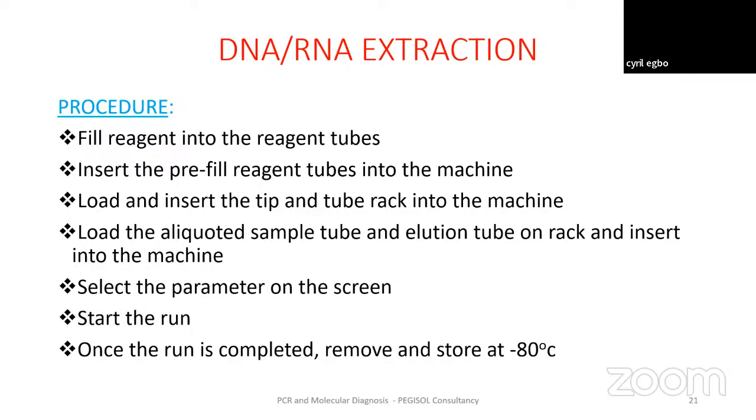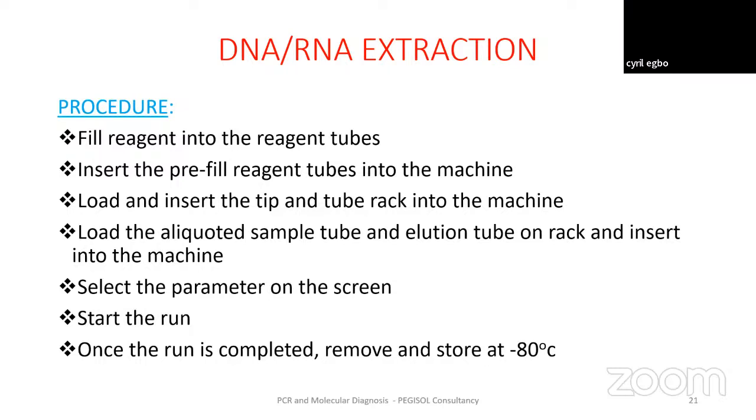So it's just for you to load the reagents into the reagent compartment, put the prepared tubes in the prepared compartment, then the sample in the sample compartment, after aliquoting into a tube that you want to place there.